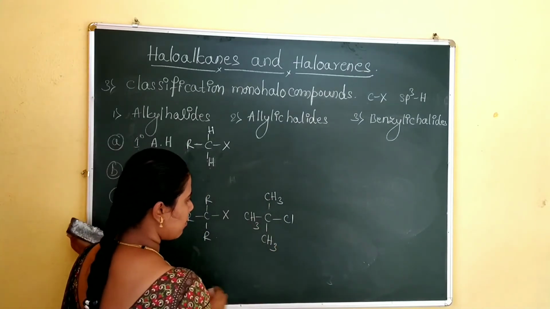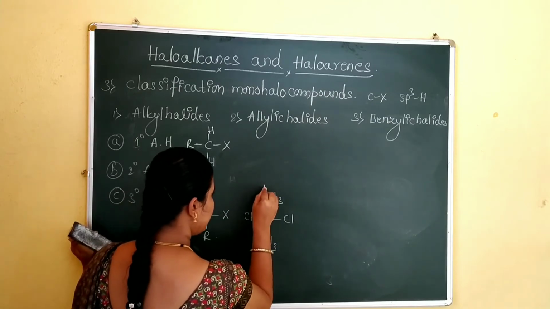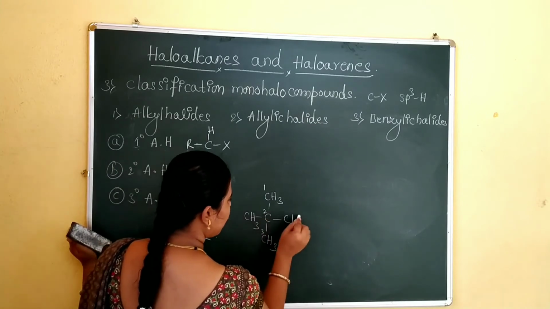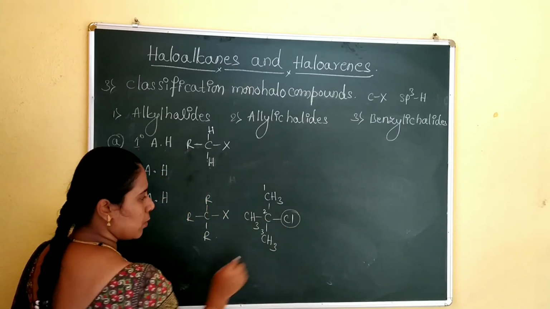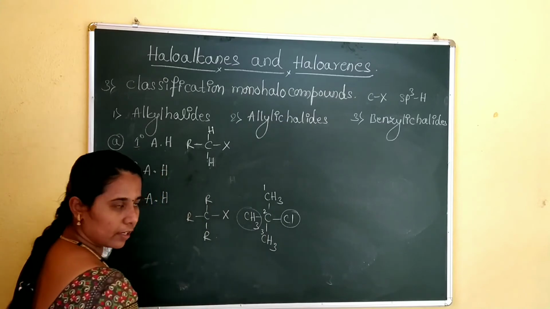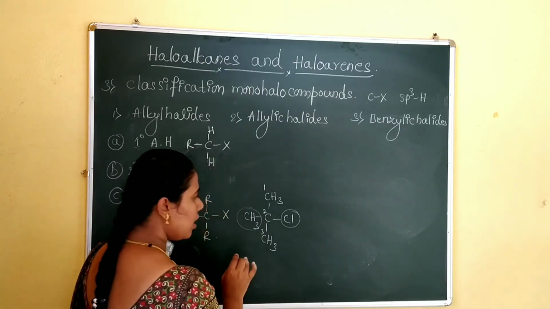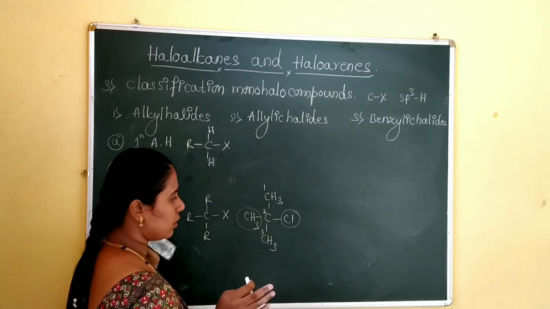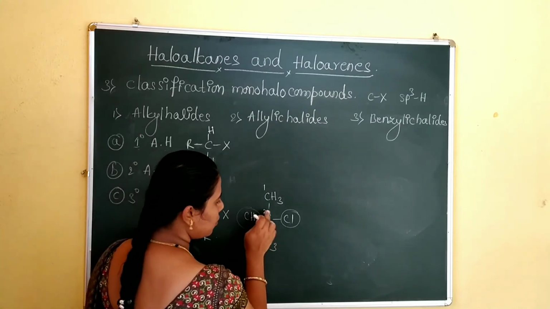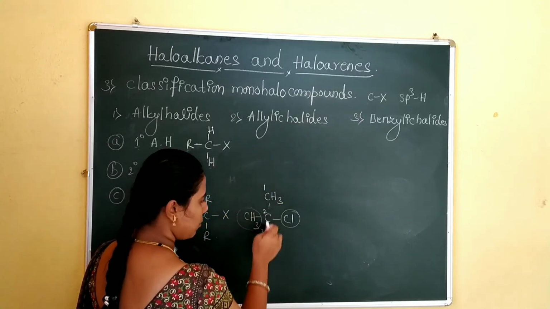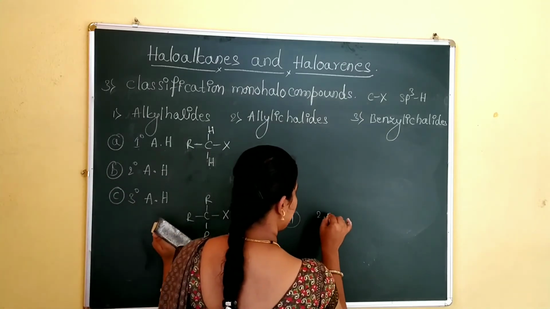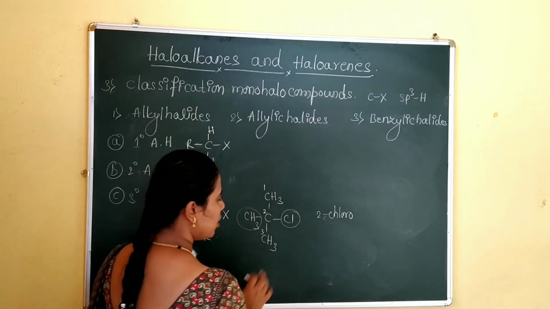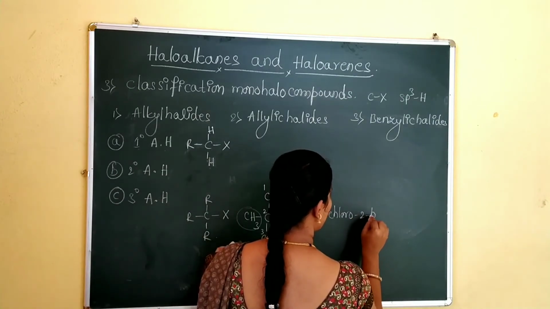The name of this compound: select the longest carbon chain, 1, 2, 3. 3 carbon atoms are there, and on the second carbon atom 2 substituent groups are attached, one is chlorine and the other is a methyl group. If 2 substituent groups are there, then we have to follow the alphabetical rule. 2-chloro, 2-methyl, propane.